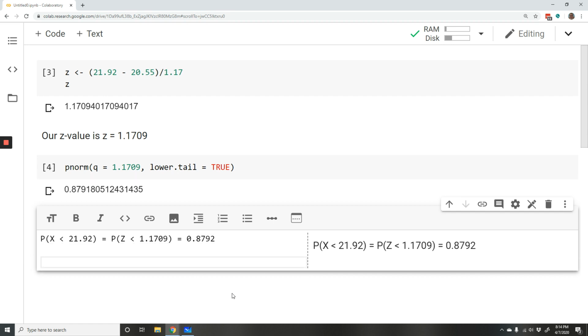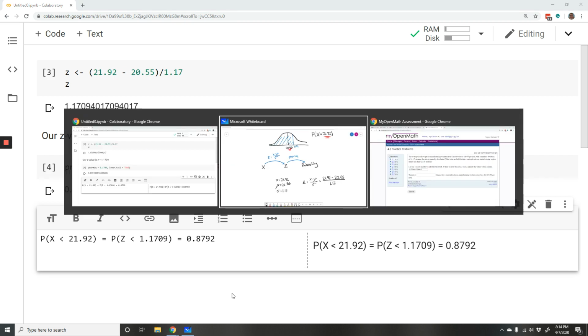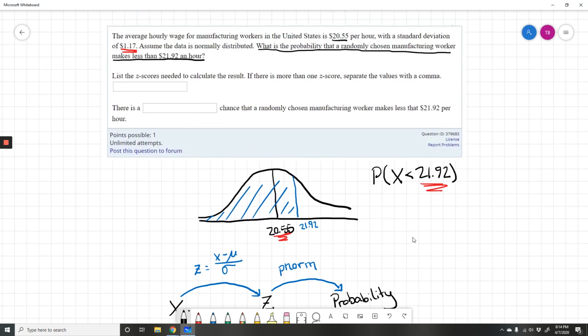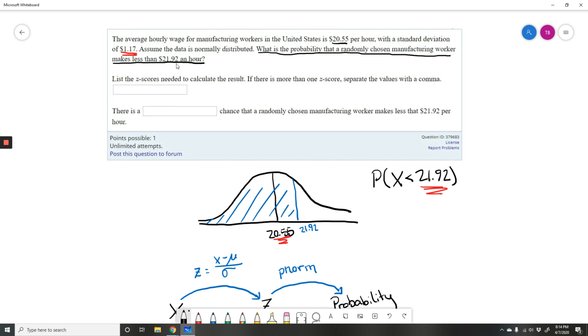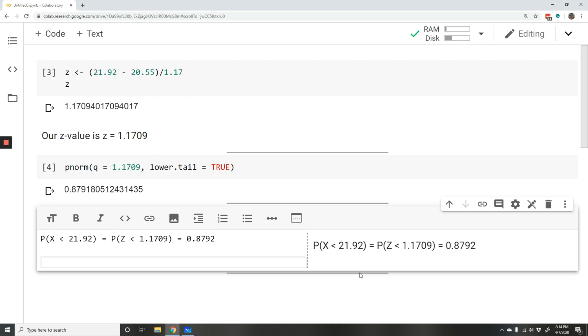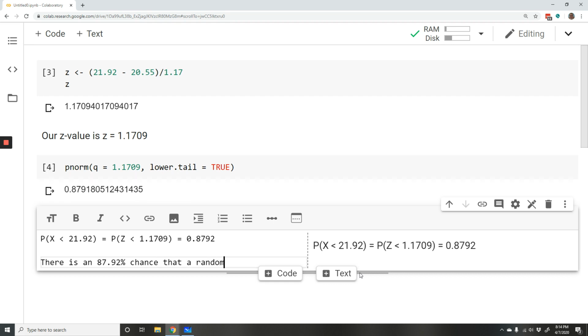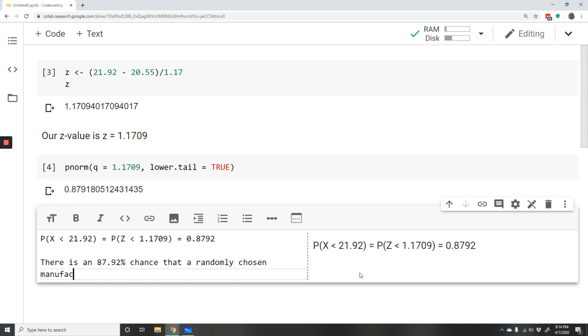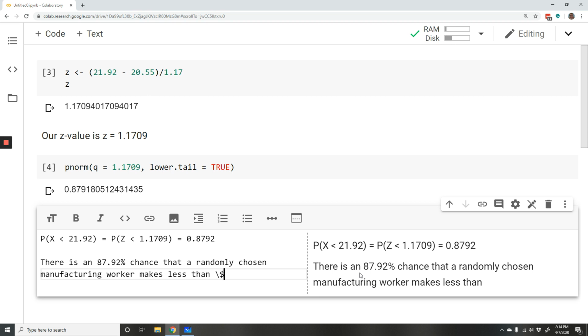Okay, so interpreting it in the context of the original problem, we're talking about the probability that a randomly chosen manufacturing worker makes less than $21.92 an hour. So there is an 87.92% chance that a randomly chosen manufacturing worker makes less than $21.92 per hour.